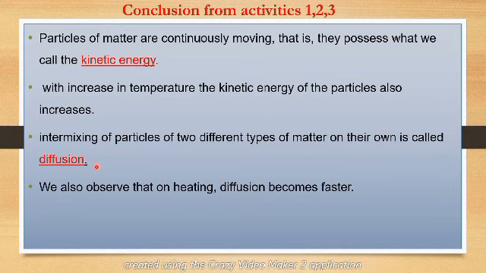This is because when the water is hot, the particles of hot water are moving faster. And because of that, the crystals of potassium permanganate can occupy the space between these particles of hot water easily. That is also called diffusion.